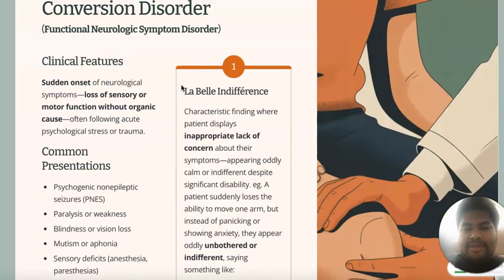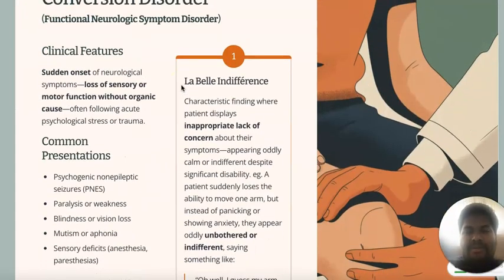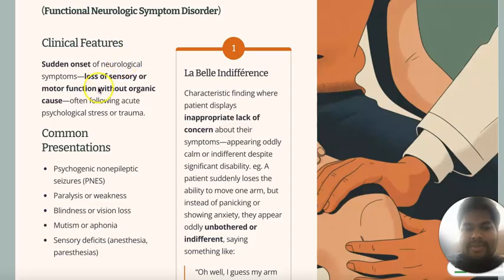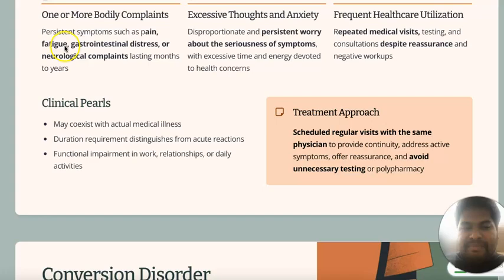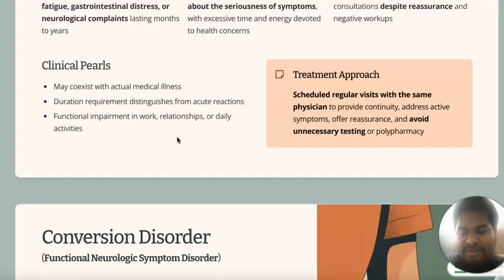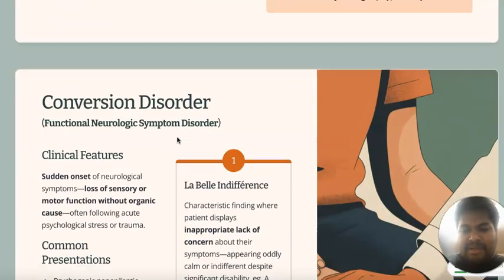Now, conversion disorder. In this case we call this functional neurologic symptom disorder. The symptoms will be sudden onset neurological symptoms. In somatic symptom disorder, the symptoms were pain, abdominal pain, body pain, and let's say fatigue or neurological complaints, a mixture of different symptoms across organ systems.